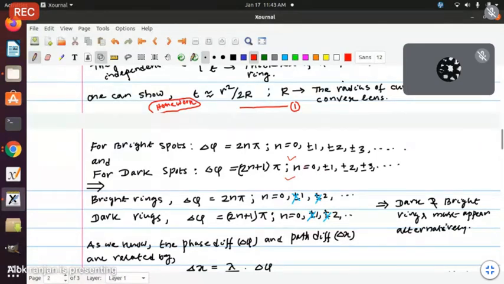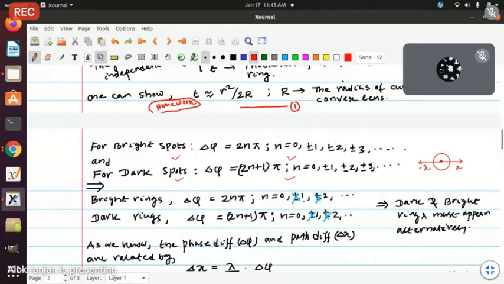And when we talk about rings, what would be the value of n? We should either consider the positive side of the integer or the negative side of the integer, not both. Why? Because the ring is symmetric around the center. This will be your positive x-axis.